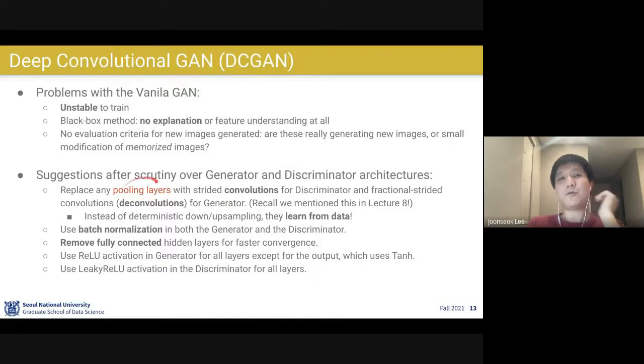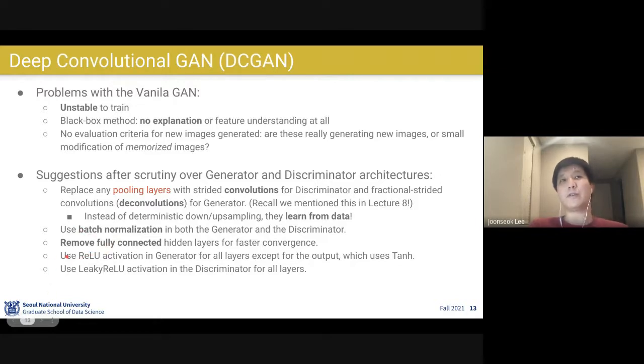So instead of pooling layers, which are deterministic functions, we apply the convolution and deconvolution to increase or decrease the feature size, and it learns how to do that from the data, not by average pooling or max pooling, which are deterministic functions. And they applied batch norm and removed fully connected layers.